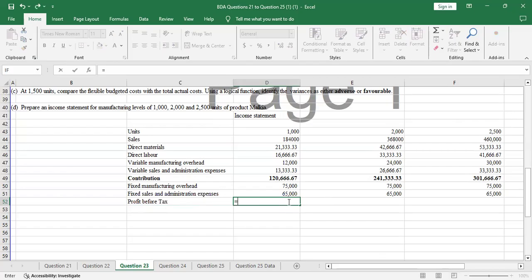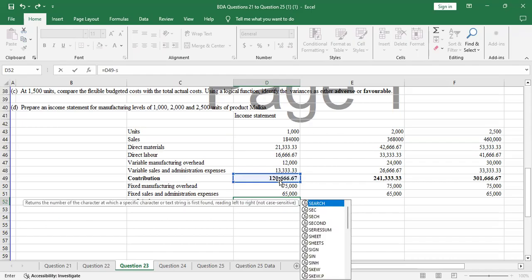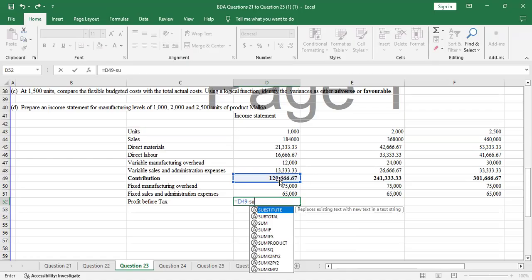The profit before tax will be the contribution minus the sum of these two.